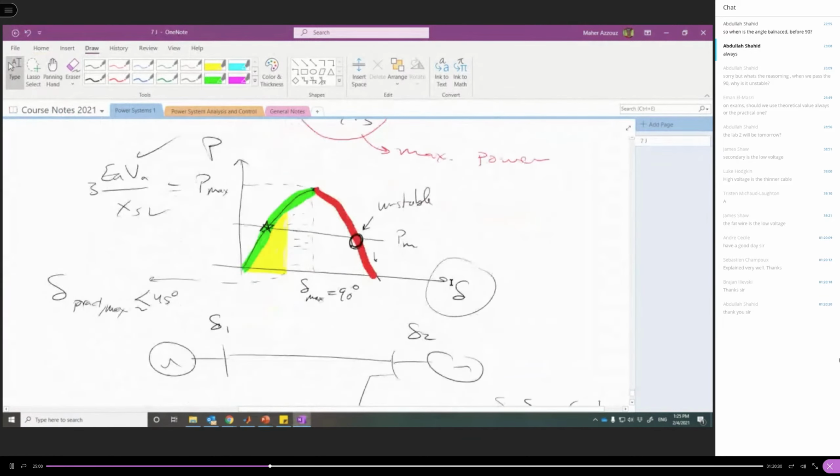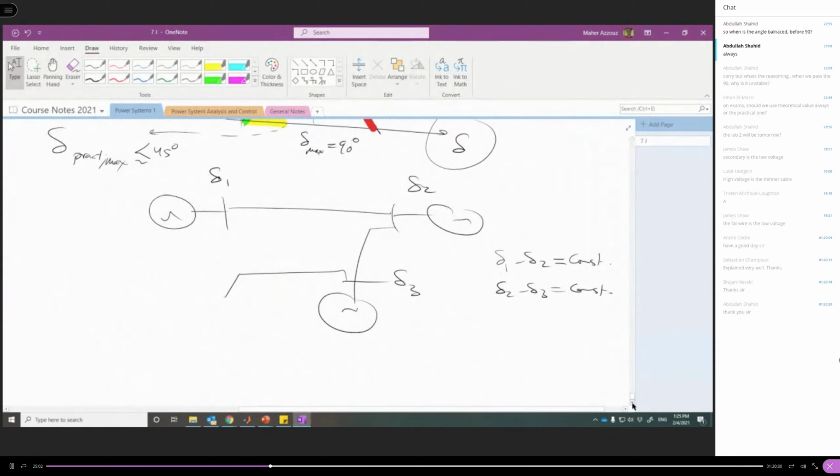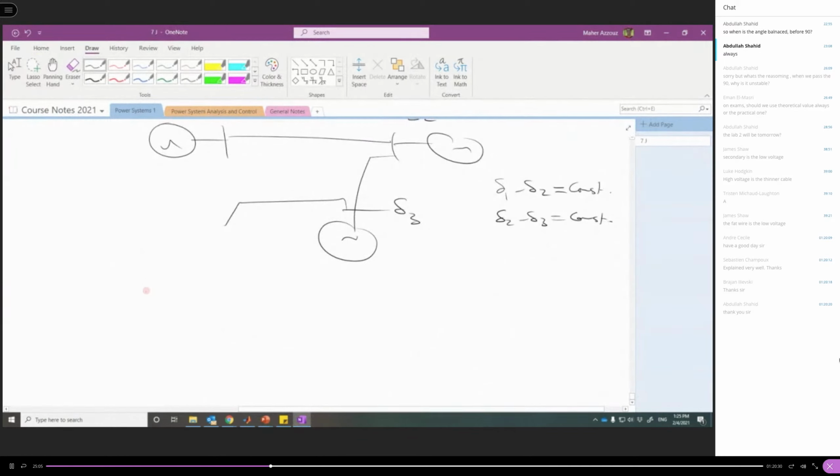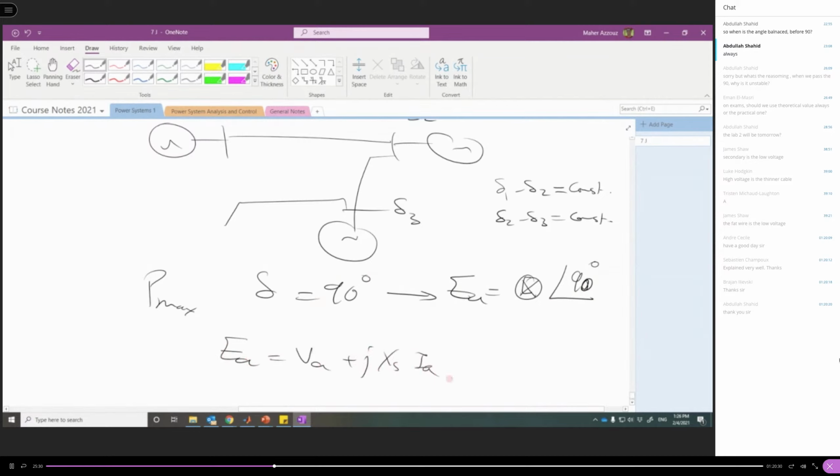This is simple. We repeat the same steps we did in the previous part. P maximum happens when delta is equal to 90 degrees. So now we have E as a magnitude and angle. The angle here is going to be 90 degrees. We know it. And you apply Kirchhoff voltage law. We know that EA is equal to VA plus jXS IA.